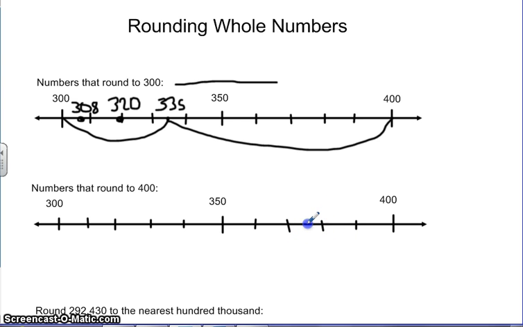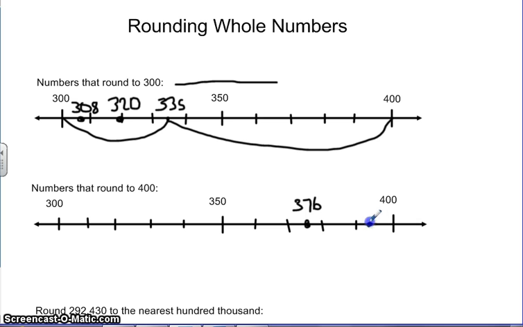So we could do this number right here. Let's say about 376. That would round all the way up to 400 because look at its little jump compared to the big jump backwards. It's a long ways to go. So we would say 376 is going to round up to 400.